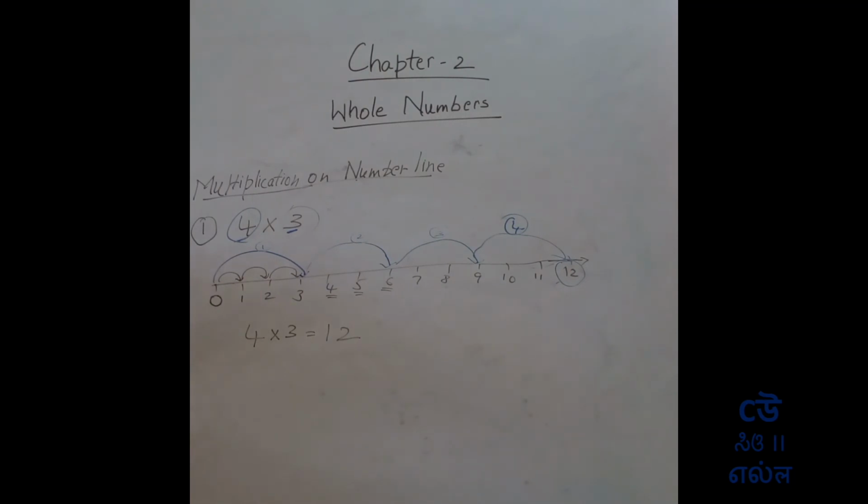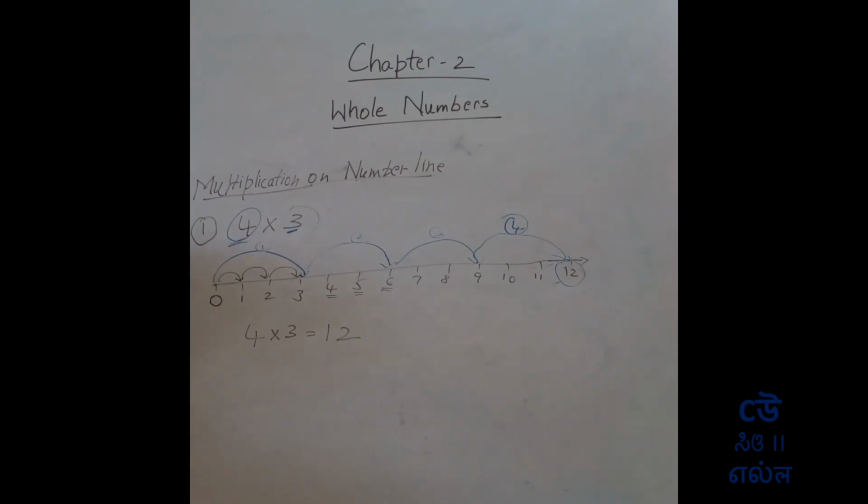Okay children. For multiplication, you should always start from 0. Next, from 0, you have to jump 4 times. How many numbers do you have to jump? 3 numbers, 4 times.